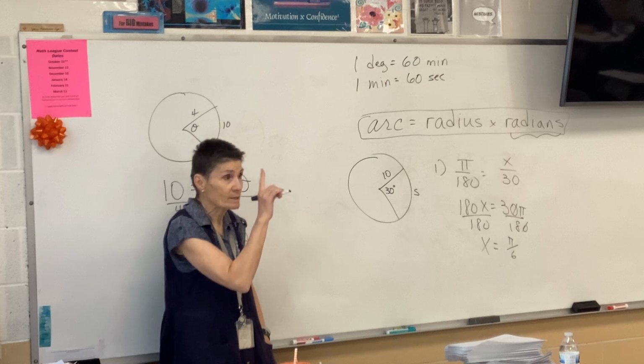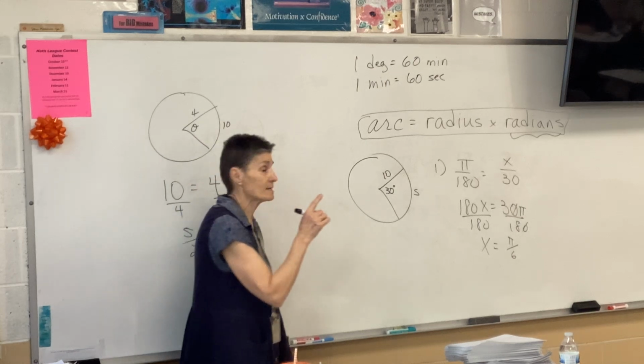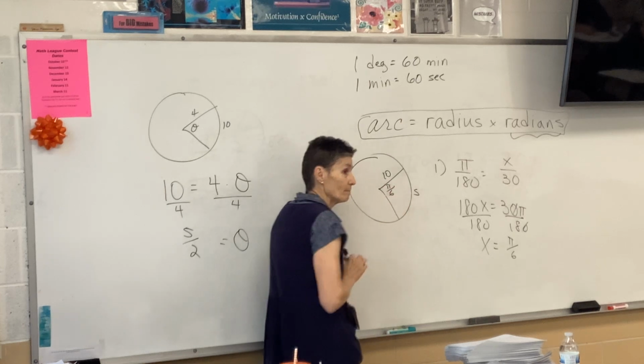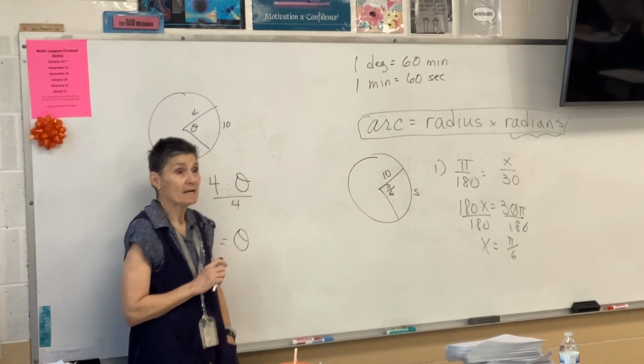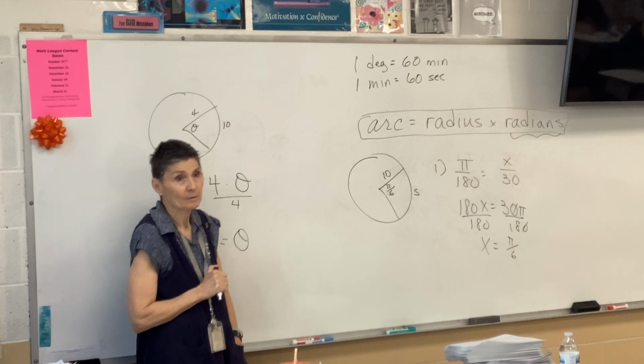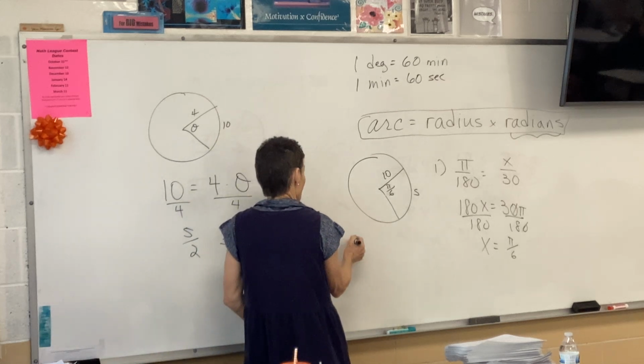Now, you don't stop there, guys. That isn't the answer to the question. What is that? That is this angle right here, only now it's in the right unit. Yep, it's in radians. So now I can find my arc length.